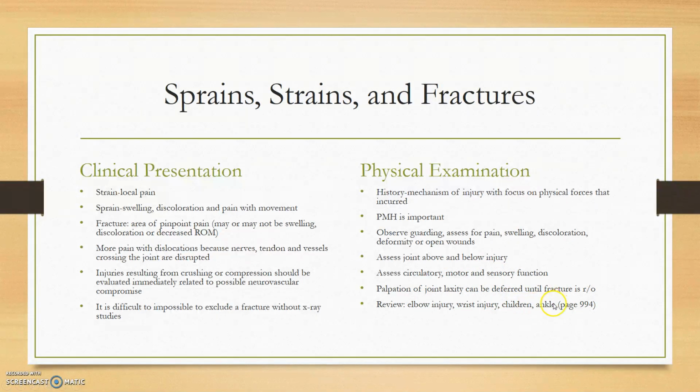And then how to differentiate or be more suspect of fracture of the ankle. So I do want you to look at that, and I do want you to know that information on 994, okay? I'm not going to read it to you, but you go back and look at some of those tips.